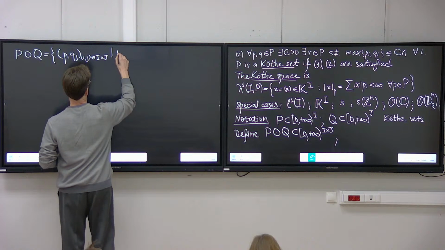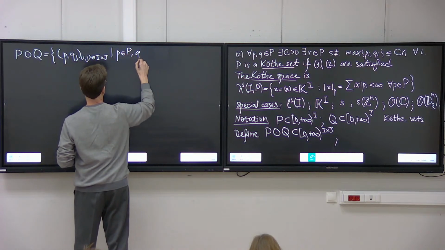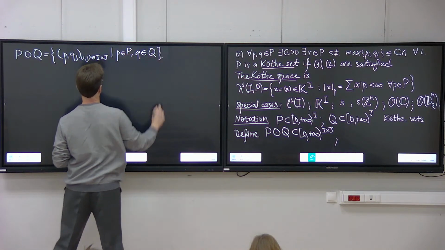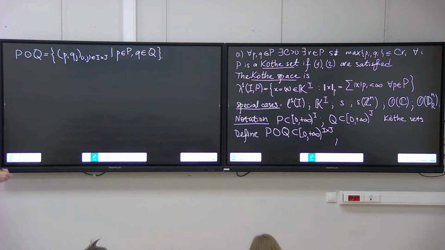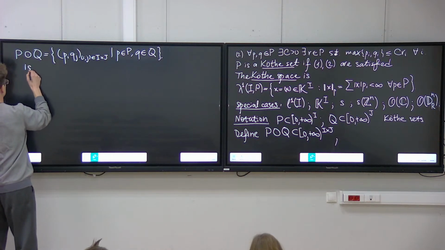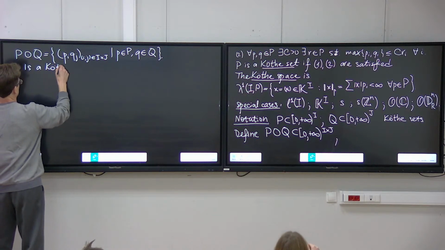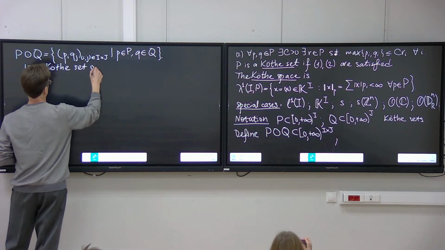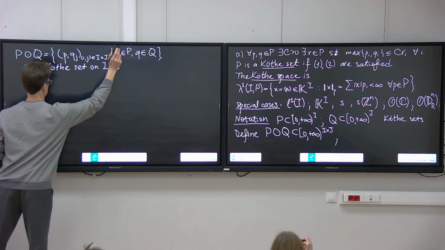Here p runs over big P and q runs over big Q. So this is equal to a set on the product I times J.